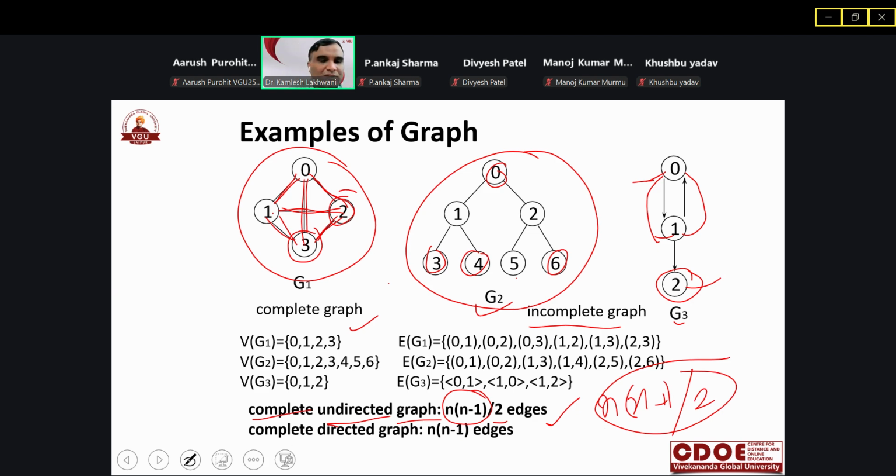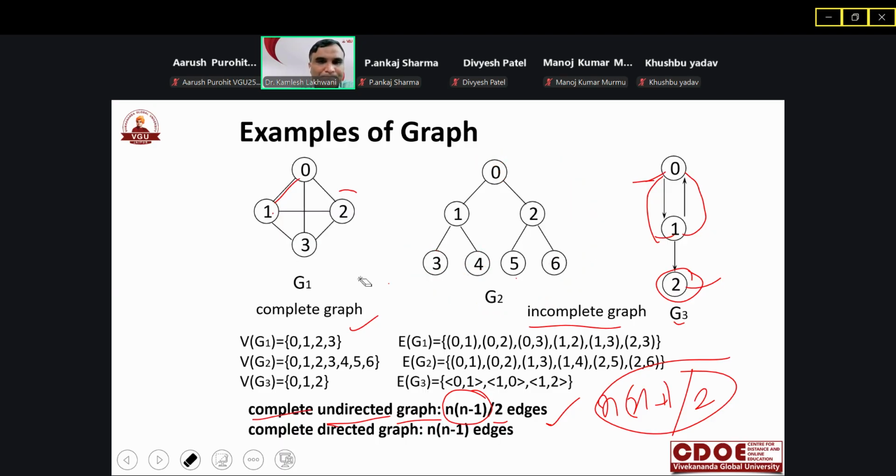Just try to understand with the help of this example. See, this is a complete graph, and in this complete graph, the total number of edges is n into n minus 1 divided by 2.